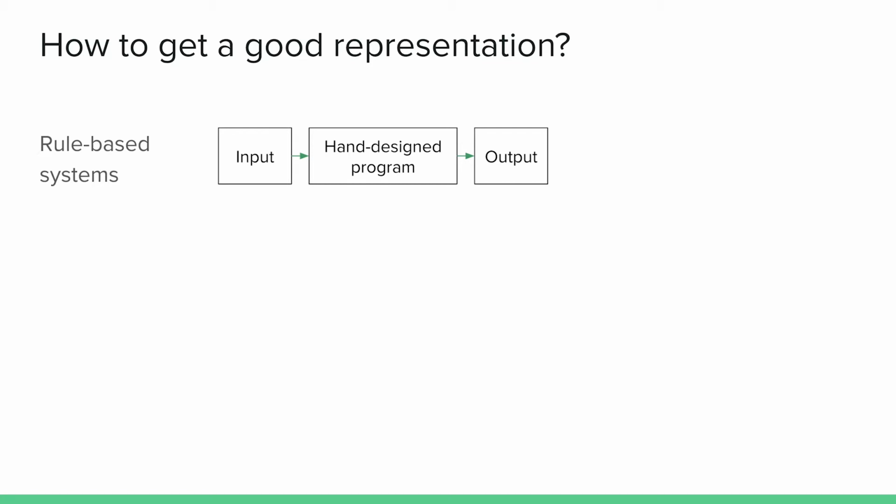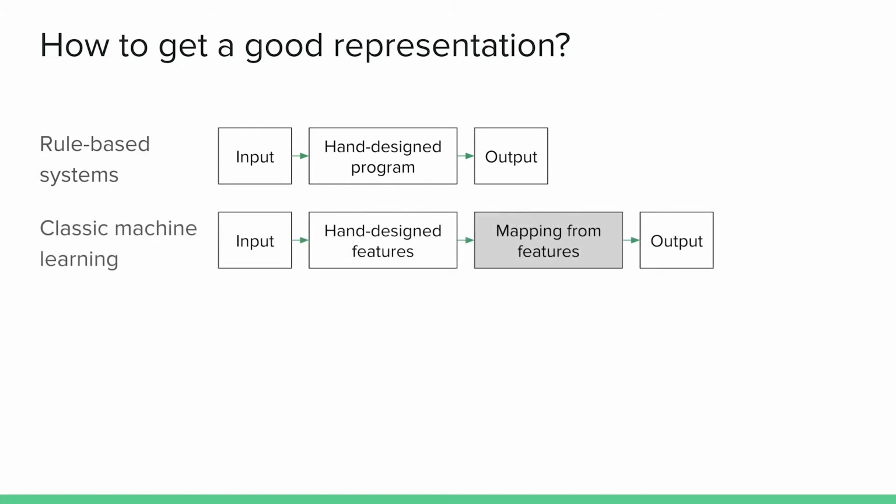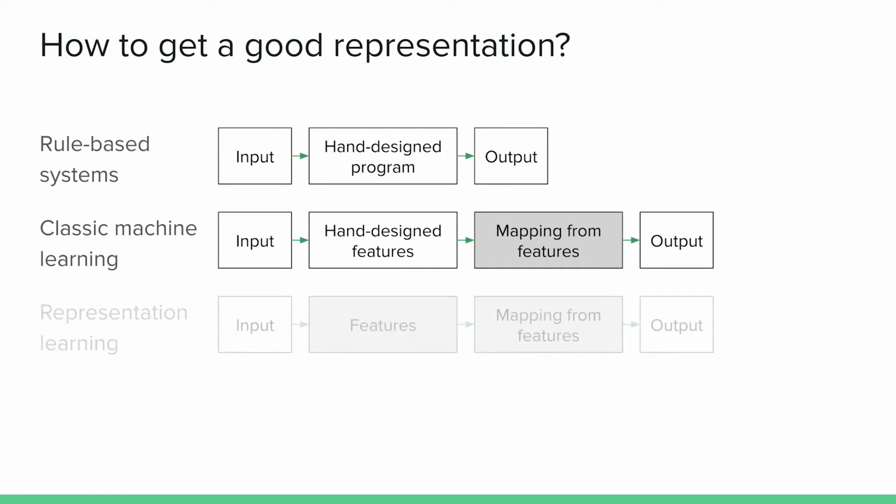With classical machine learning, we expanded this idea and split the problem solving from one step into two steps: we extract some features from our input, and then let the machine map these features to what we actually want in the output. That's classical machine learning.